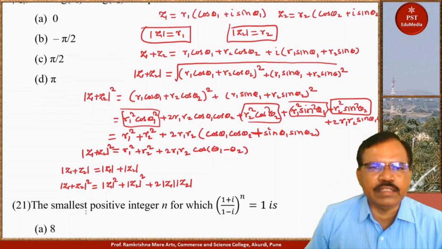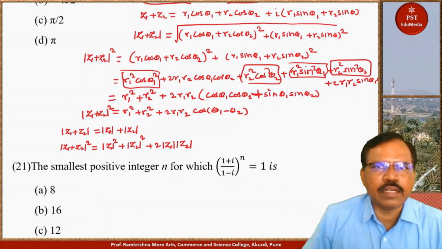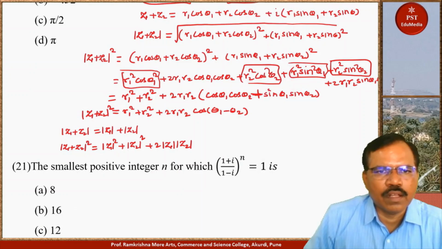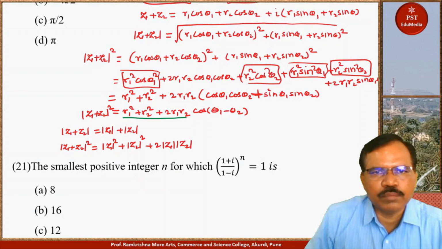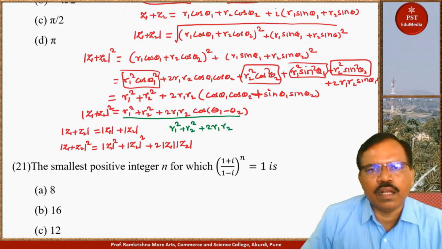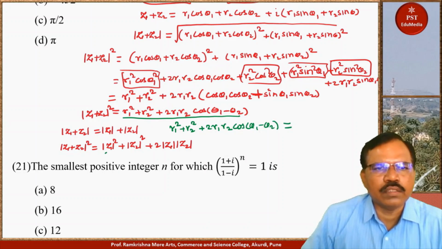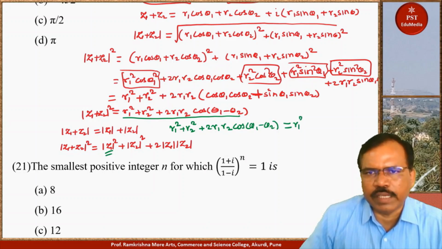If we equate these two, we get R1 square plus R2 square plus 2 times R1 R2 cos of theta 1 minus theta 2 is equal to R1 square plus R2 square plus 2 times R1 R2.